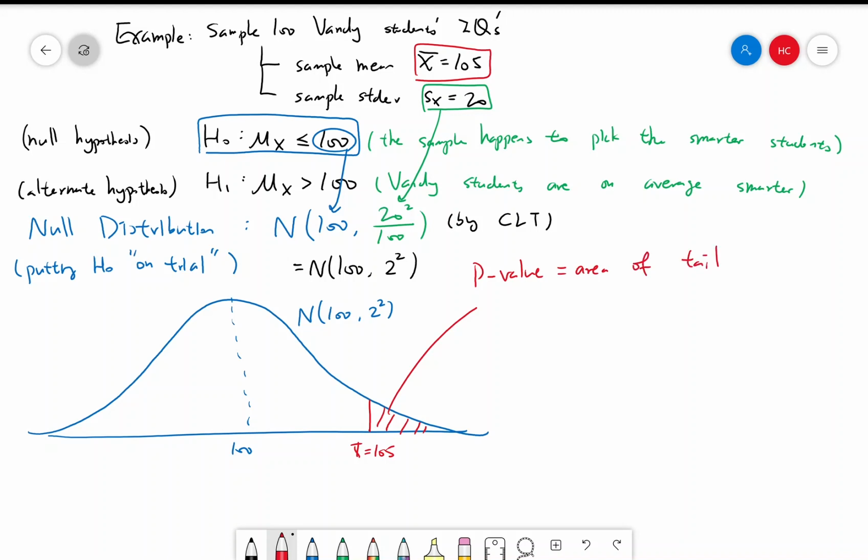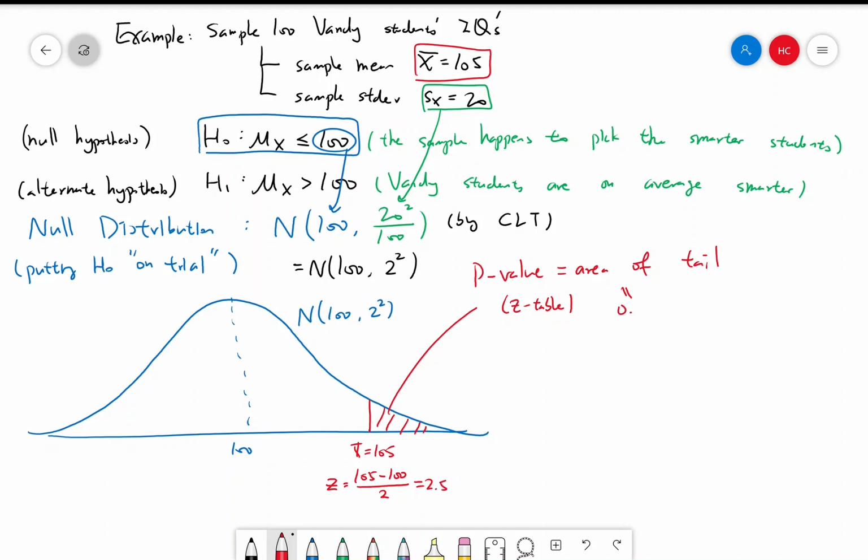To find the area of this tail, first we have to calculate the z-score of 105. The z-score of 105 is 105 minus the mean, divided by the standard deviation, which is 2.5. So the z-score is 2.5. Now we look at the z-table.